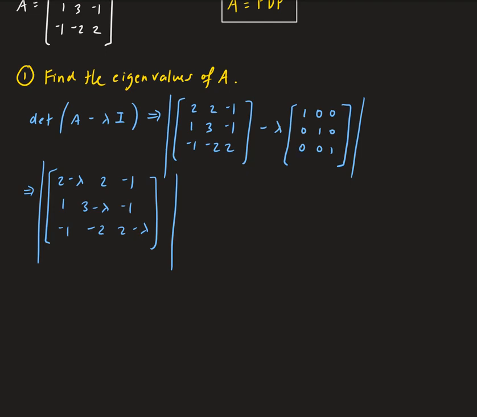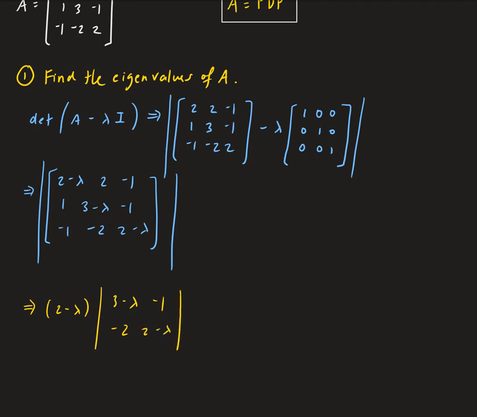So starting down here, I'll use the first row. We're going to have 2 minus lambda times the determinant of 3 minus lambda, negative 1, negative 2, 2 minus lambda.